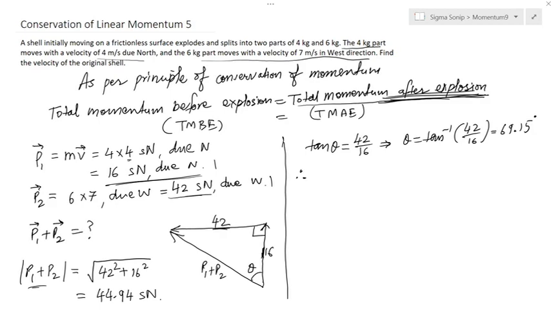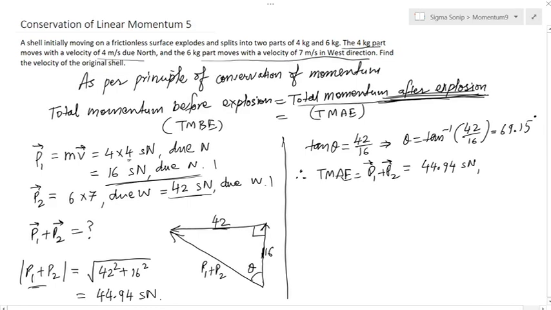Therefore, the total momentum after explosion, P1 plus P2, is 44.94 kg m/s, and the direction is from north towards the west. This is the total momentum after explosion.